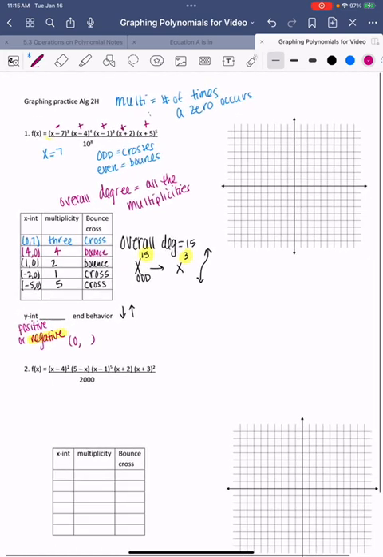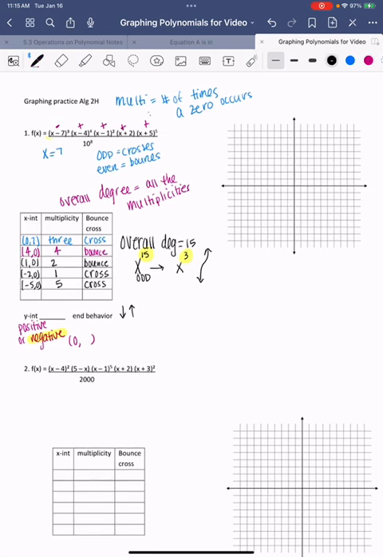I'm going to plot my zeros. So I have (7, 0), (4, 0), (1, 0), (negative 2, 0), and (negative 5, 0). Okay. End behavior.